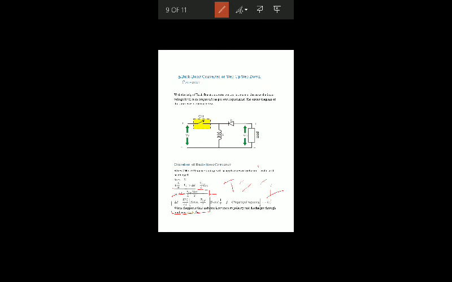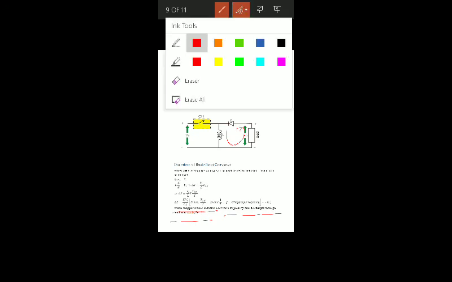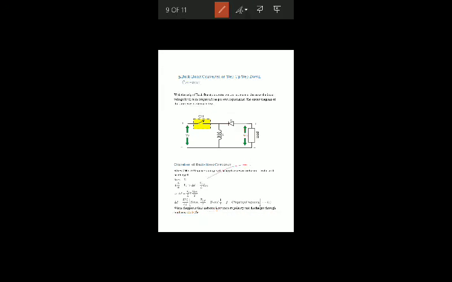Second case: now the chopper is off. The inductor will now discharge, reversing the polarity and discharging through the load. During the discharge, V naught is equal to minus VL, because the inductor voltage now drops across the load.